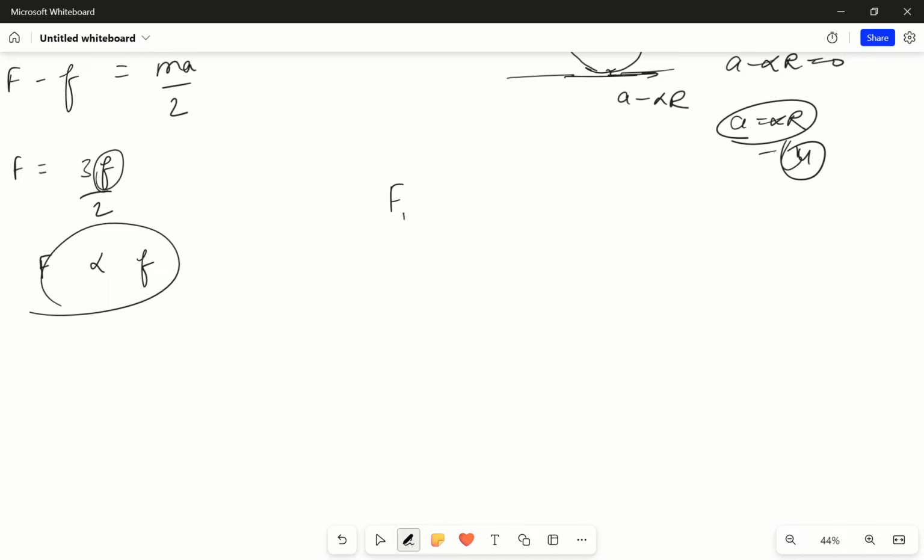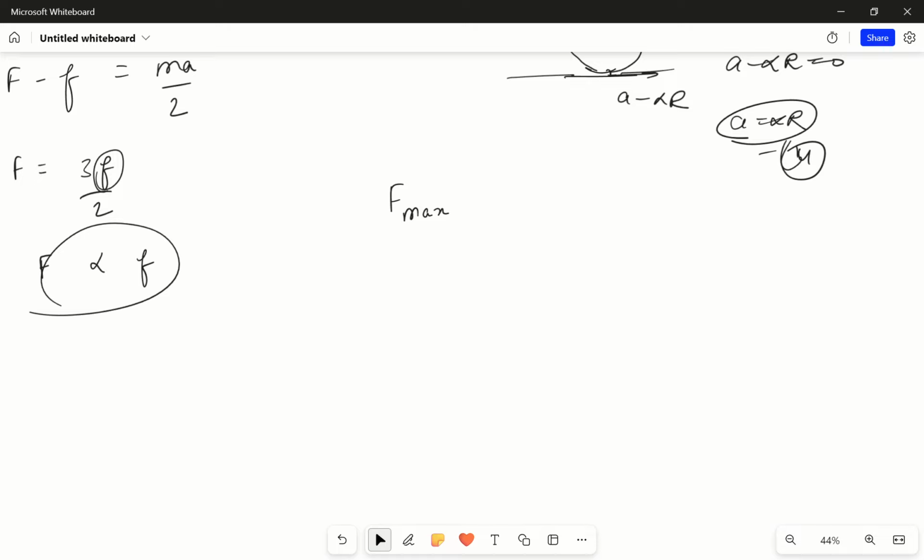So we have to maximize f. We have to find the maximum value of capital F such that this cylinder does not slide. To find the maximum value of capital F, we have to apply the maximum friction on the cylinder, and find that critical capital F such that it does not slide.